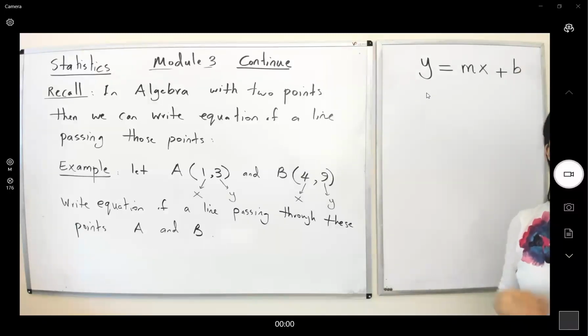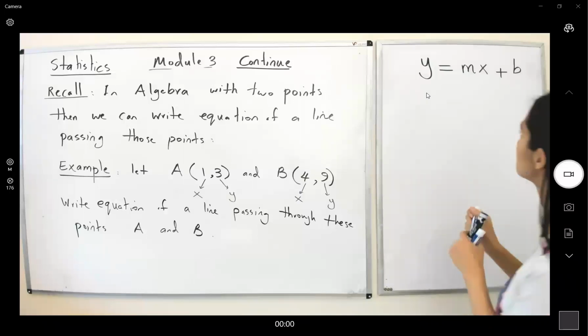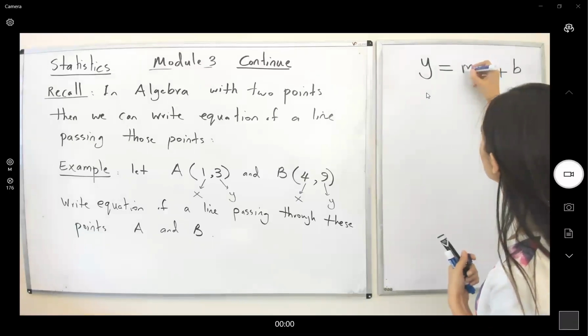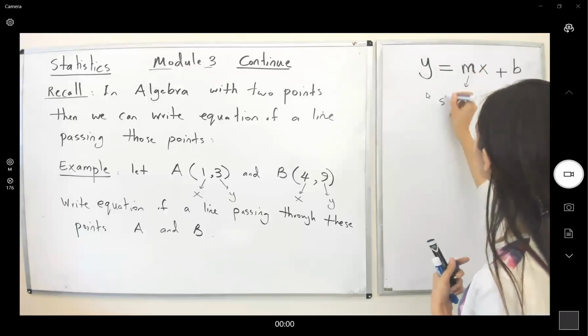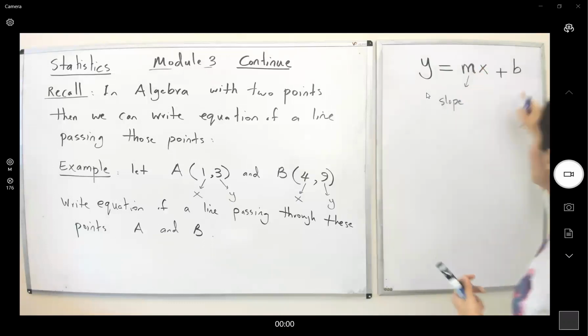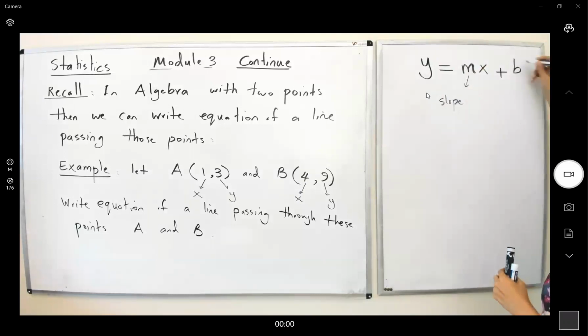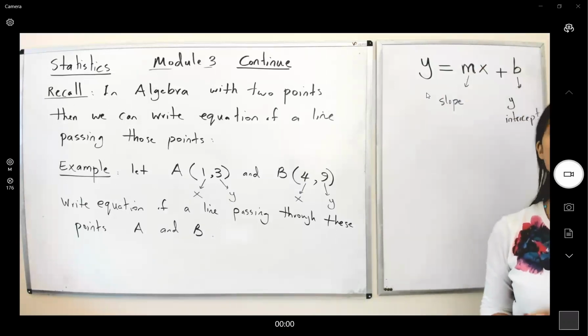M is the slope of the line, so m is a number, and b is the y-intercept, another number. Well, how do we find the slope, or m?